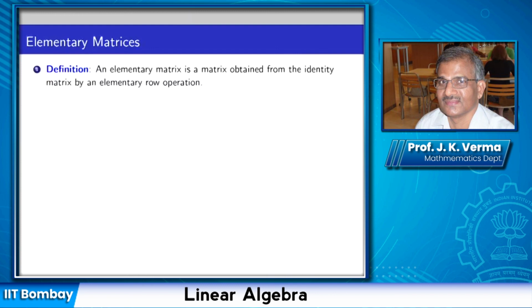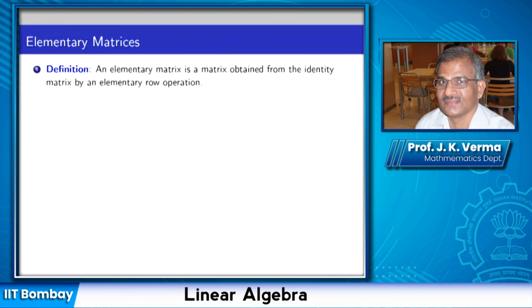That is one. Then you can multiply a row by a non-zero number. That is another elementary row operation. Then the third operation was you can multiply a row by a non-zero number and add to another row. So if you perform these three operations on identity matrix, you will get three types of elementary matrices.